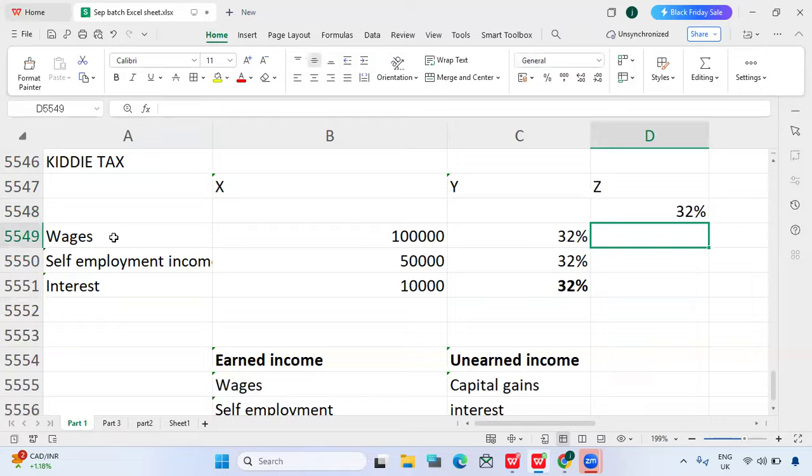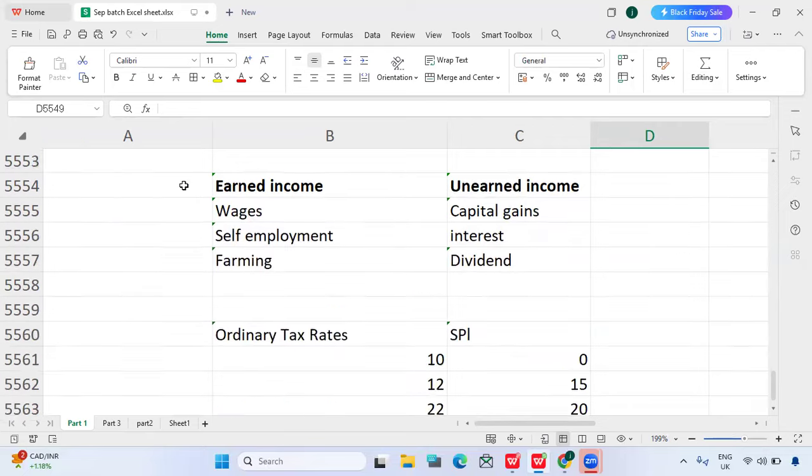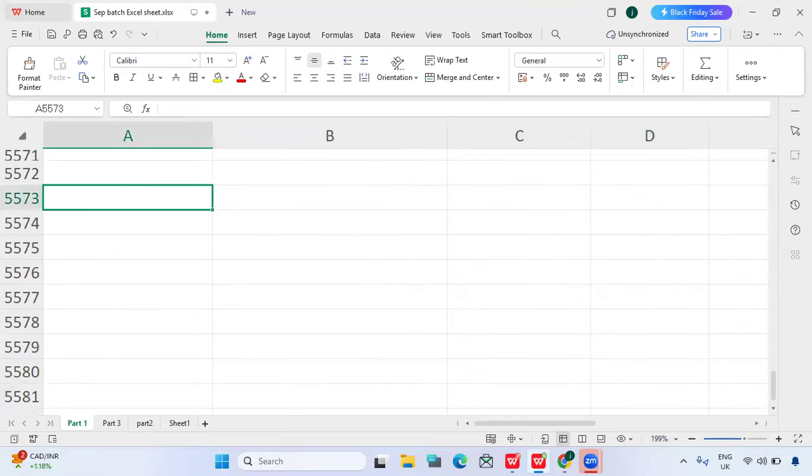So Z should pay a 32% tax rate, taxed at the parents' rate above the threshold. We have a threshold actually, but forget about those rules for now. Kiddie tax means any unearned income of a child under 18, or under 24 and a full-time student, is taxed at the parents' tax rates above the threshold limit. This is the definition. Guys, is this point clear?